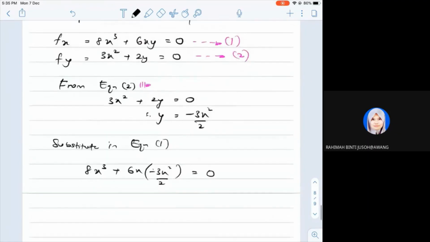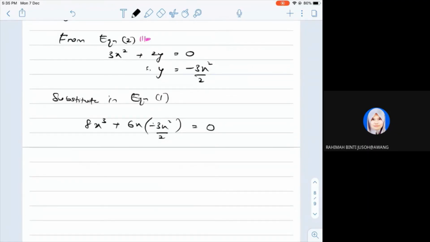Like this. Boleh faham guys? Faham. So we will have 8x cubed minus, 3 times 3 jadi 9 kan? 9x squared times x, 9x cubed juga kan? Equals to 0. Oh my god, soalan ni senang je guys sebenarnya.